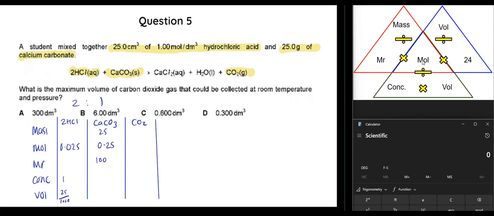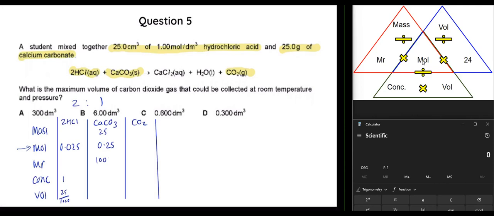Well, we've got nowhere near 0.5 moles of hydrochloric acid, so our limiting reagent is the hydrochloric acid. Therefore, it's the hydrochloric acid that we use to calculate our moles of carbon dioxide. Our calcium carbonate is massively in excess.